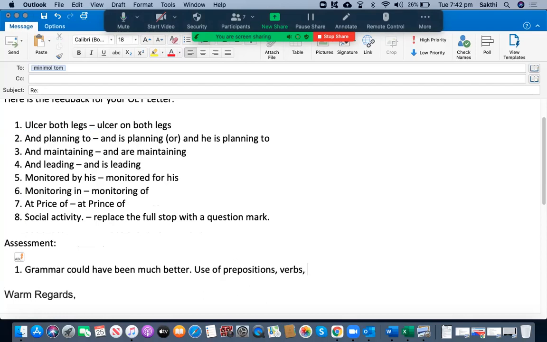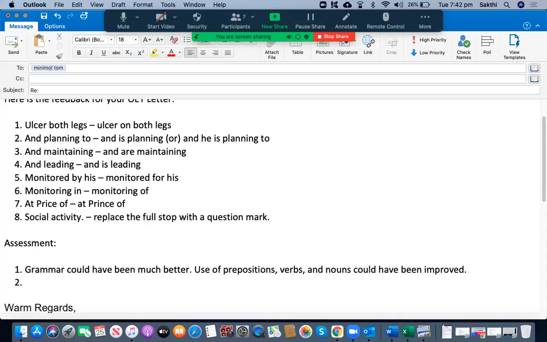Verbs, nouns, and spelling. Use of prepositions, nouns, verbs could have been improved. Okay, could have been improved.